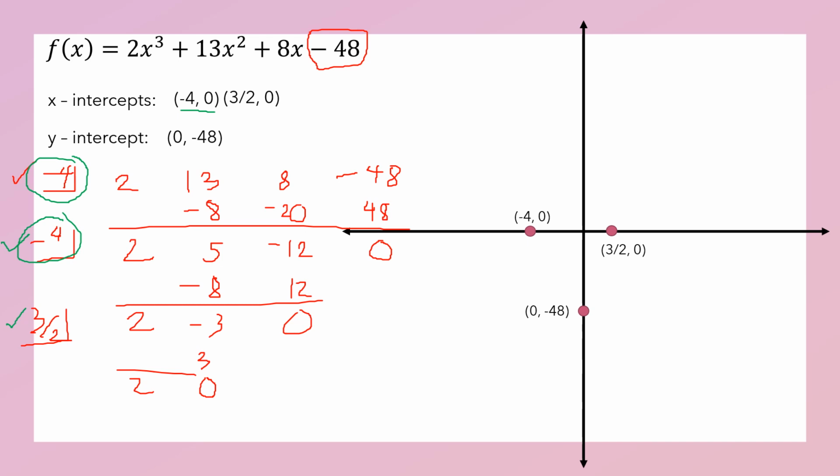But of course, let us consider the leading coefficient test. So since we do have here an odd degree and the coefficient is positive, the behavior of our graph will fall on the left side, but will rise on the right side.